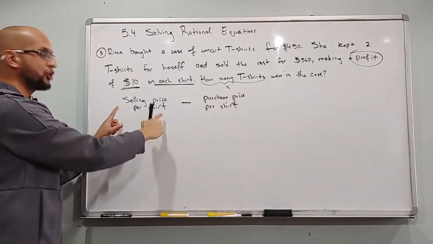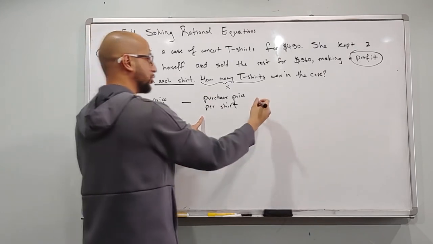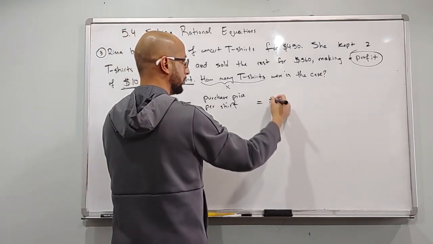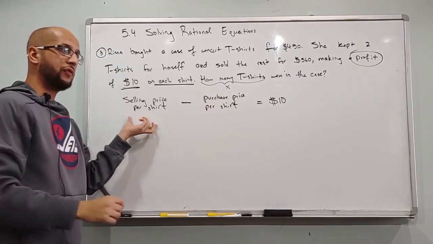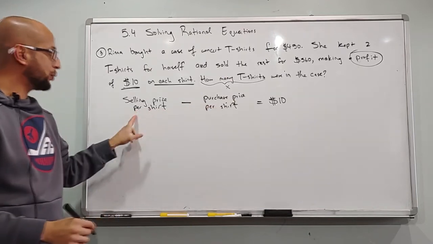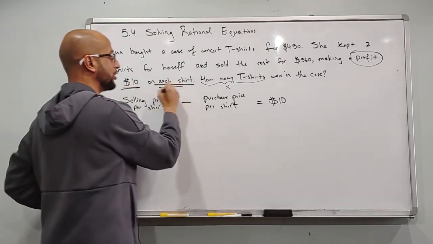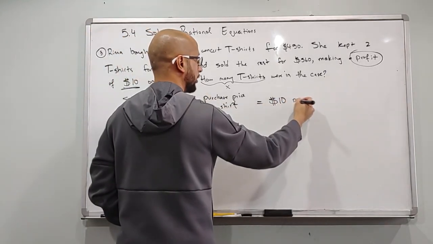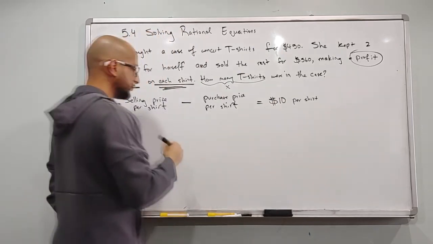The amount that you sold each shirt for minus the amount that you bought each shirt for would equal $10. That's profit. And the reason I'm going to do per shirt is because the profit is $10 on each shirt. So it's $10 per shirt.